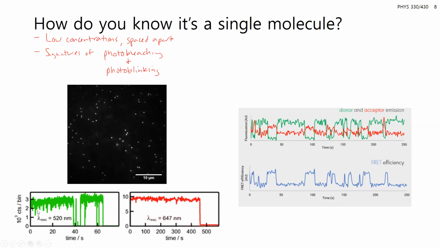So I have two examples down here of intensity traces of single molecules over time. So this one on the right here, what is this showing? Out of this photobleaching, photoblinking, what's the one on the right with red showing?